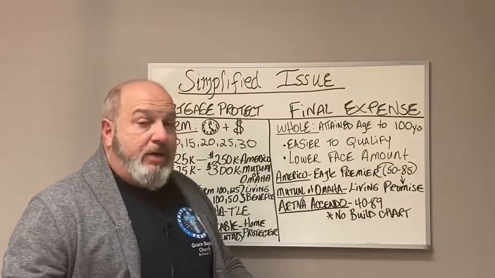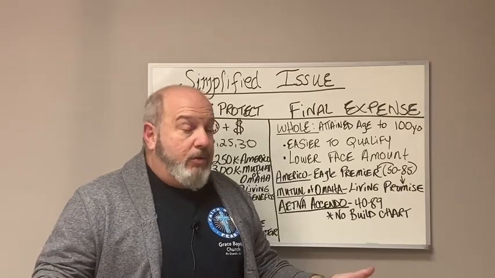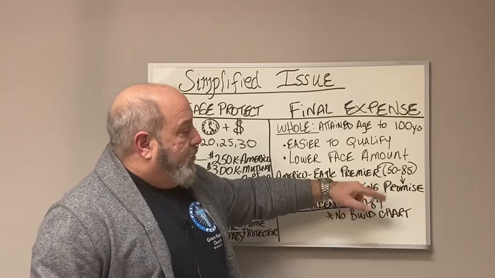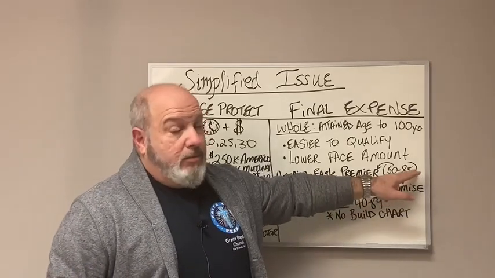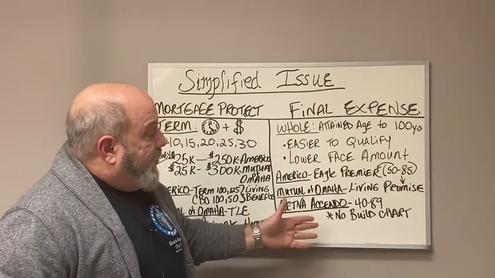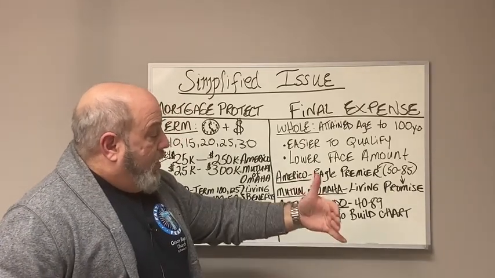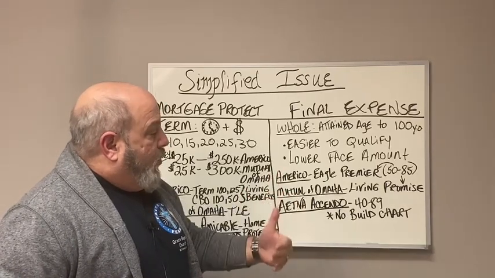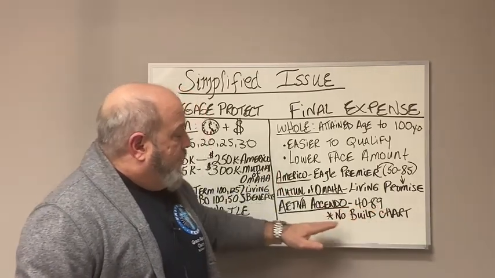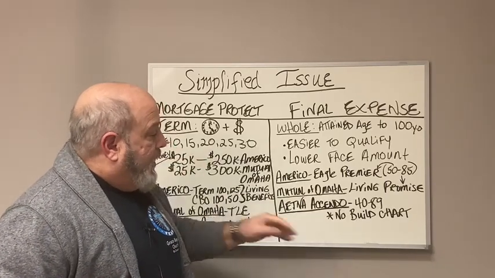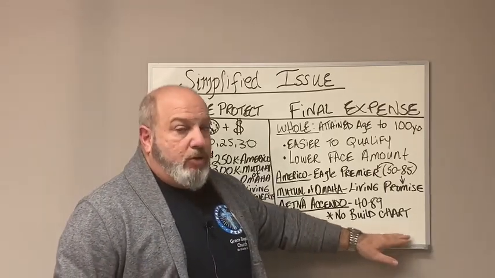You may sit with somebody who's 86 years old. You're not going to be able to get them the Eagle Premier or the Living Promise because they're 86. It doesn't write after 85. So if you're dealing with clients from age 40 to age 89, they could potentially qualify for this. And the other reason why we use Aetna Ascendo is because it has no build chart.